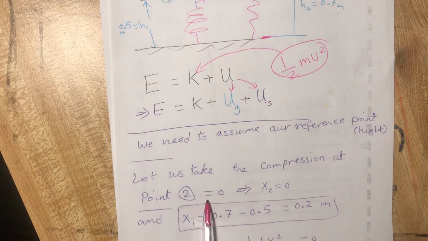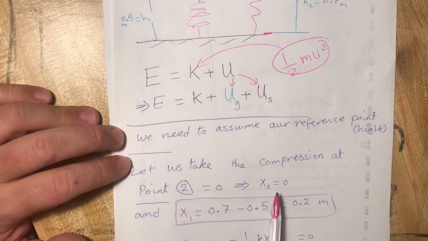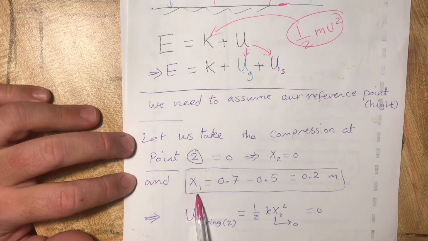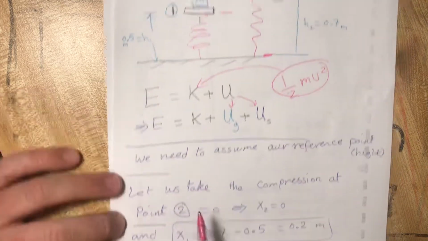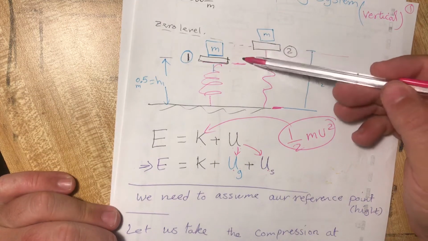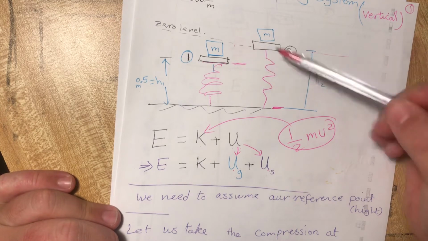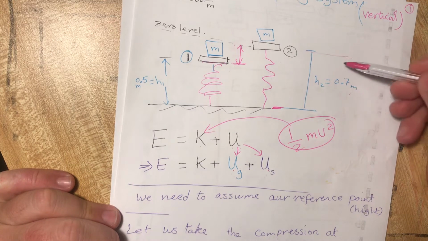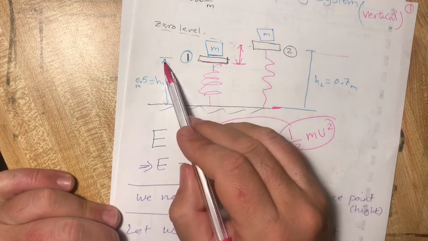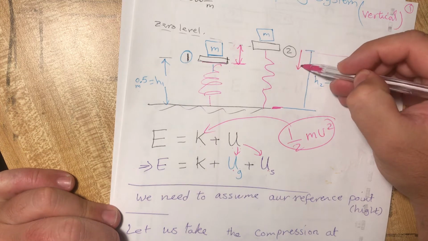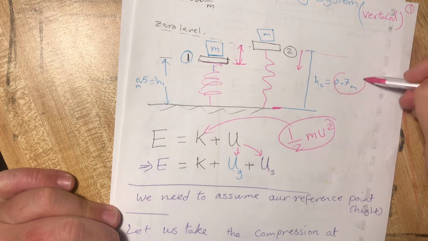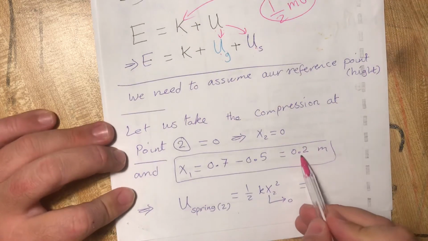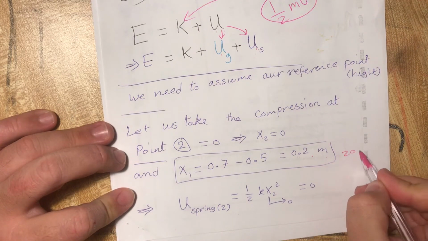So at point 2 the compression will be zero, and the compression distance between 2 and 1 is the difference between the altitude of 0.7 meters and 0.5. When we compress this spring, it will come from 0.7 to 0.5. So the compression will be 0.2 meters, which is 20 centimeters.